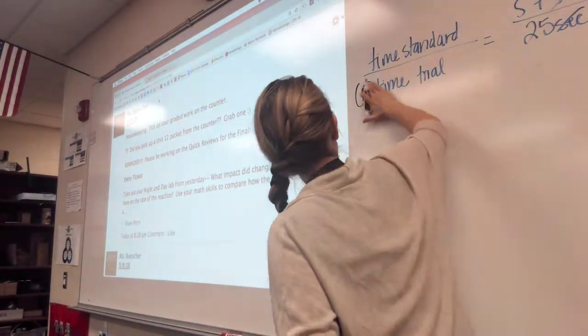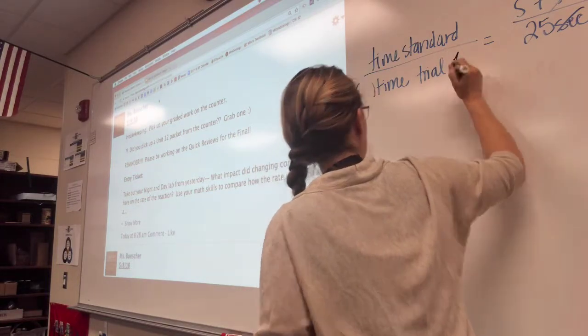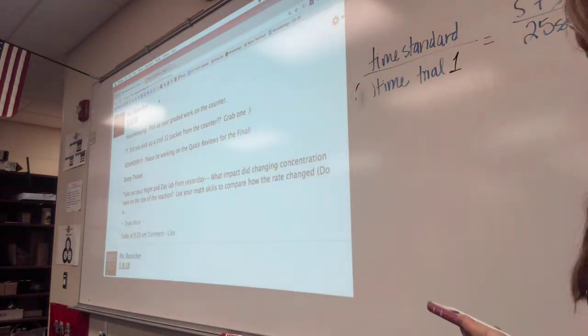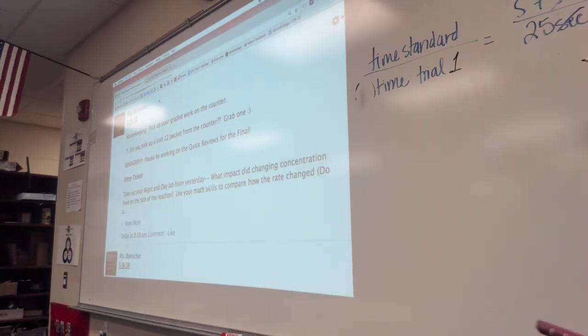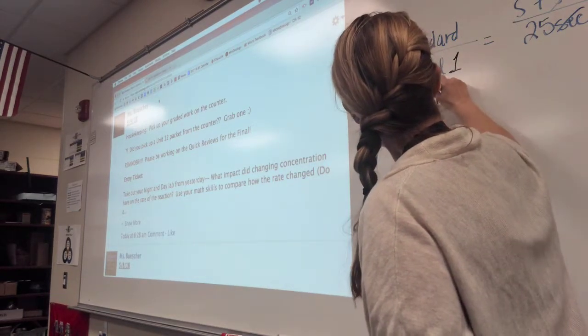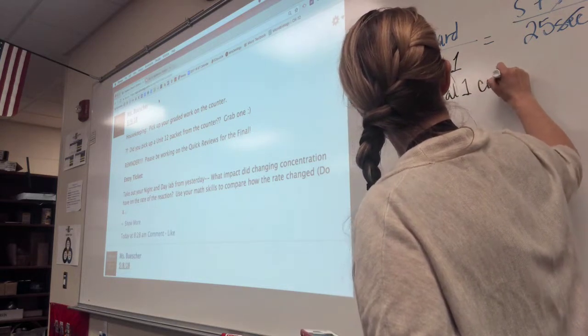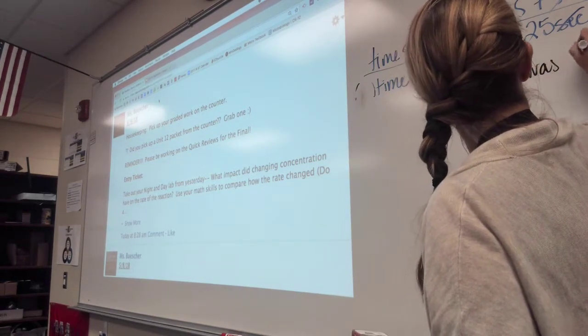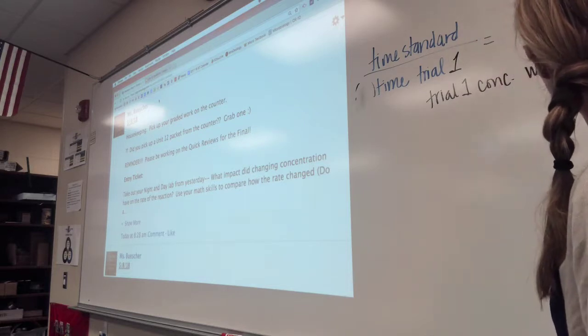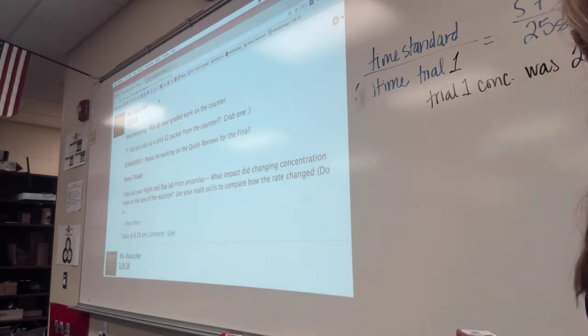Is that what we called them? All right. So trial number 1, this number is 2.28. If I wrote a sentence to make sense of this number, I would say trial 1 concentration was 2.28 times faster than the standard run.